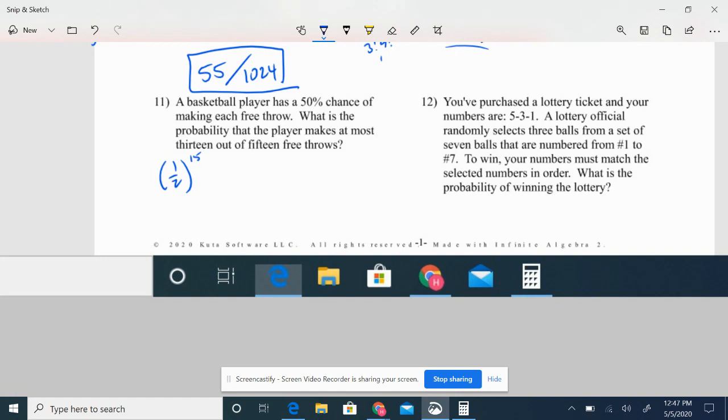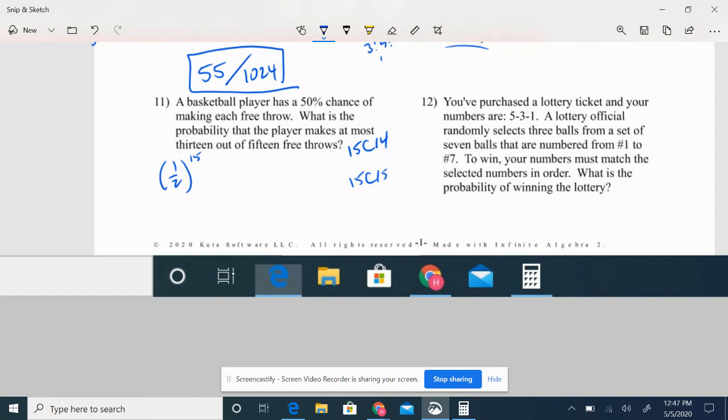Now I want to say, what is the probability that the player makes at most 13 out of 15? So I want to see 15 choose 14 and 15 choose 15.